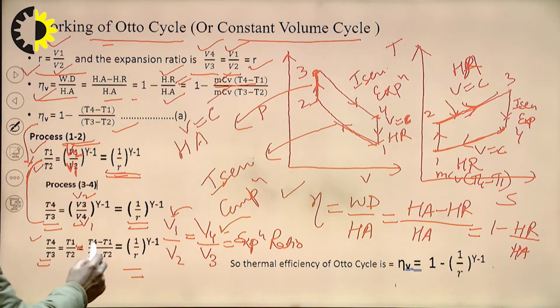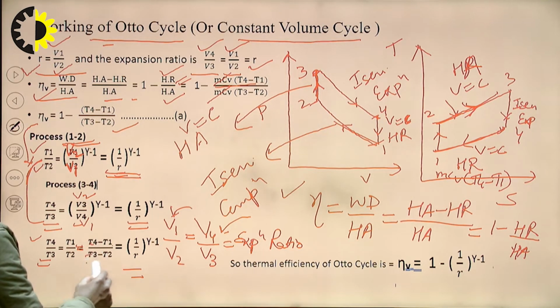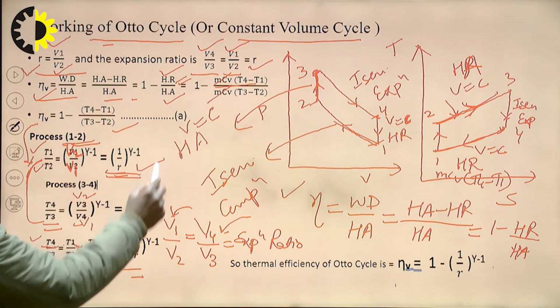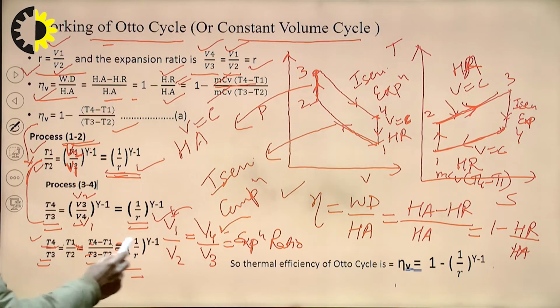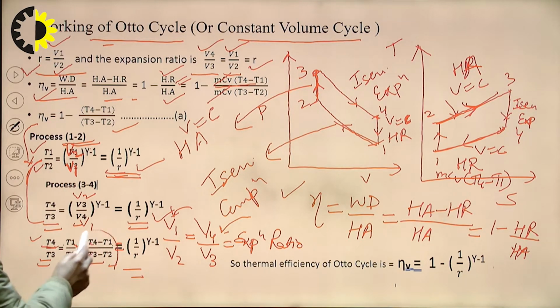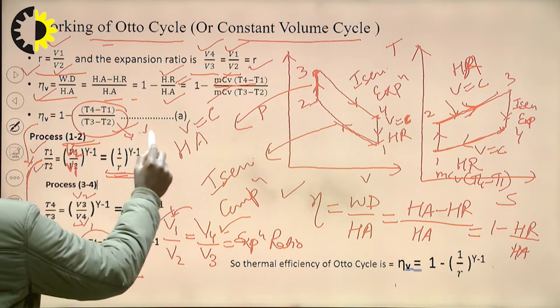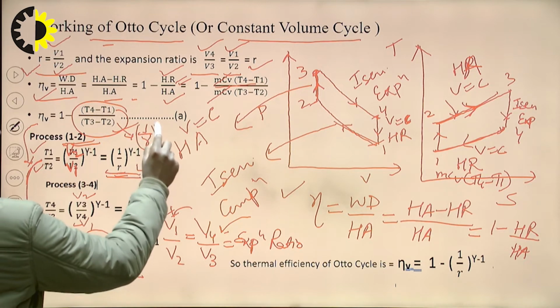And from common mathematics we also know that (T4 minus T1) upon (T3 minus T2) is equal to T4 by T3 or T1 by T2. And we know that T4 by T3 or T1 by T2 is equal to 1 by r to the power gamma minus 1. So this expression is equal to 1 by r to the power gamma minus 1.